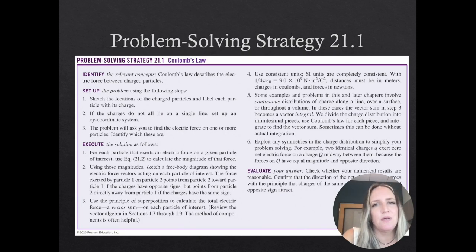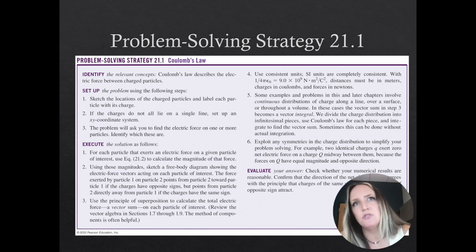So in your book, you're going to have some purple boxes floating throughout the chapter. And these purple boxes are really good problem-solving strategies to help you solve certain types of problems. For example, this one is from Coulomb's law. So what I suggest is that when you're doing a homework problem for Coulomb's law, which would be, find the force on this charge due to this charge, okay, those kinds of problems, try to use this problem-solving strategy.